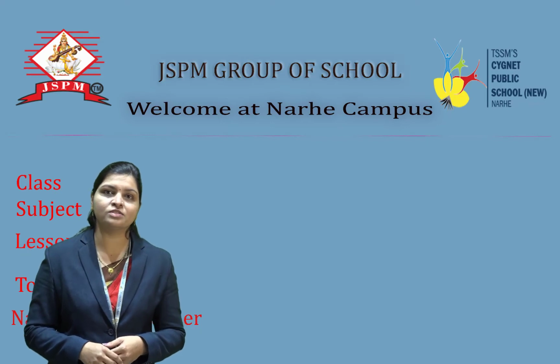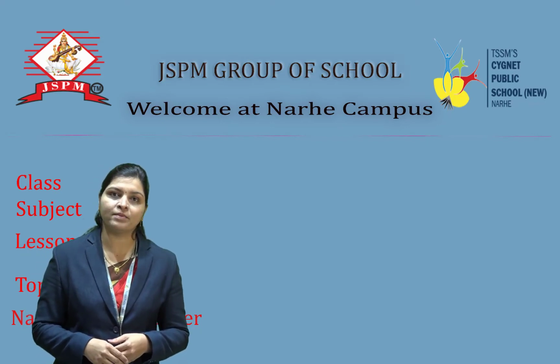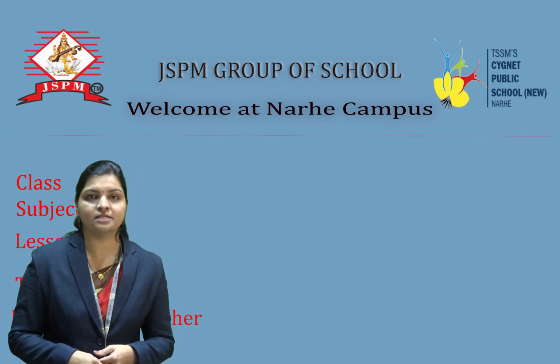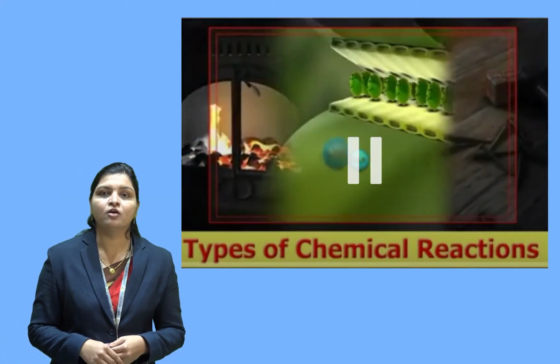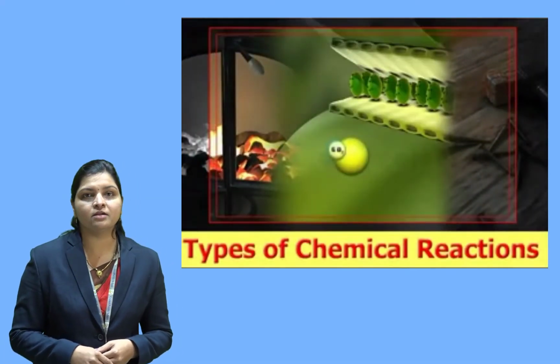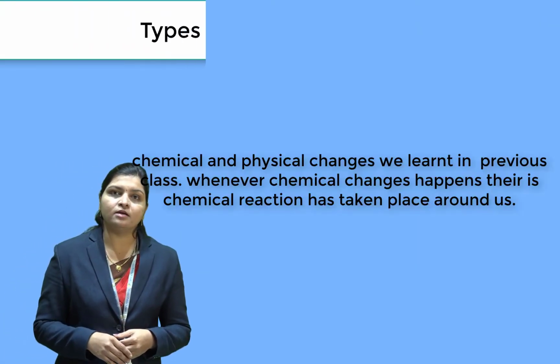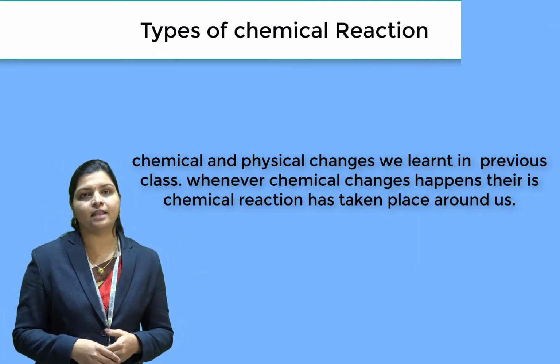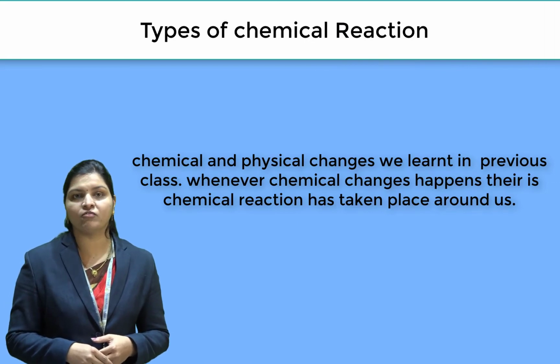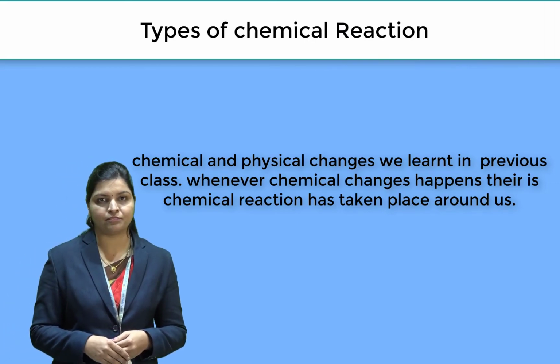Today we are going to see a very interesting topic from class 10th, that is types of chemical reaction, from chapter number 1, chemical reactions and equations. Students, we already learned about physical and chemical changes of matter in previous class.